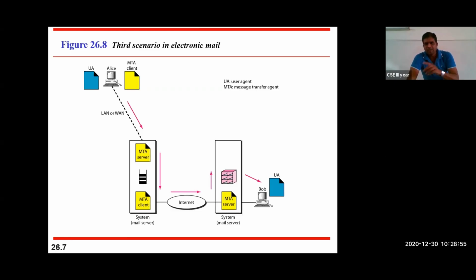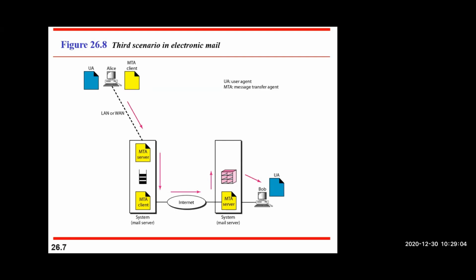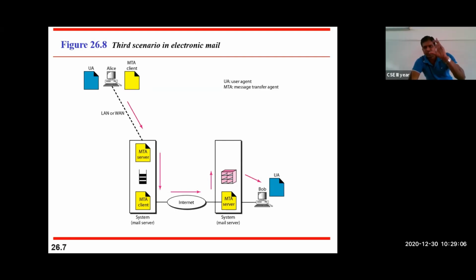The second transmission is from my outbox to Manoj's inbox. Did you follow this? Yes, sir. So the first transmission happens between two MTA client and servers, which is my device to my outbox. The second transmission happens again between a pair of MTA client and servers, which is my outbox to Manoj's inbox.